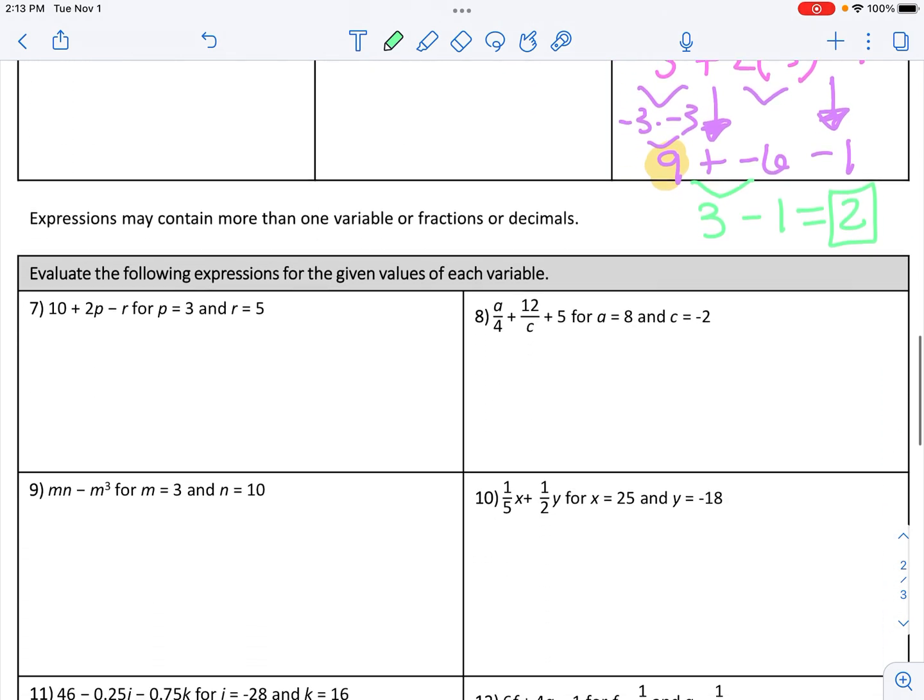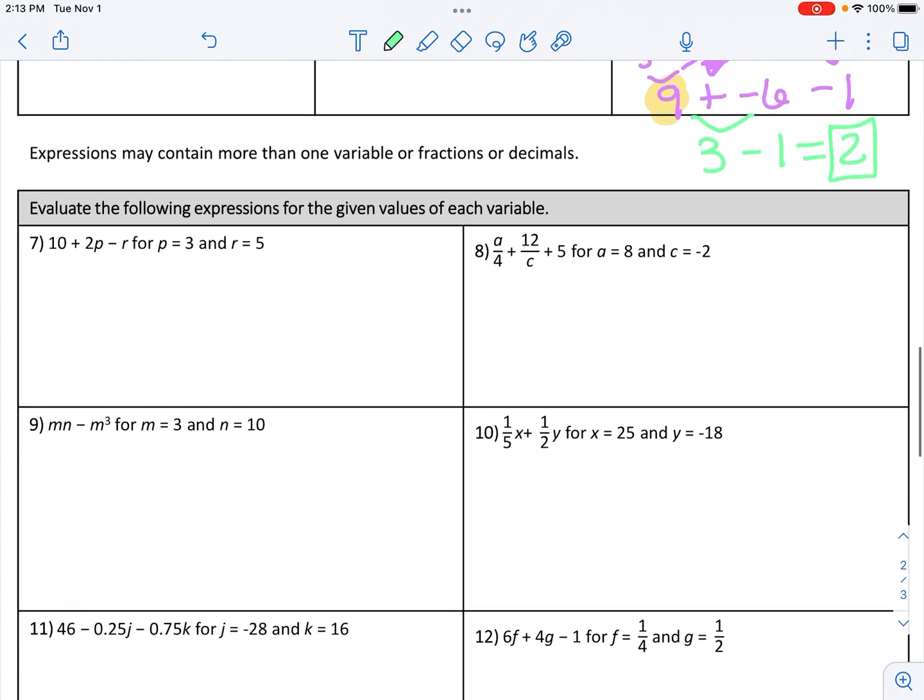All right, last one that we are going to do is going to be number 8. So I have A divided by 4 plus 12 divided by C plus 5 when A equals 8 and C equals negative 2. First thing I'm going to do is rewrite this expression by plugging in my numbers. So instead of A, I have 8. So 8 divided by 4 plus 12 divided by C. And instead of C, I have negative 2, plus 5.